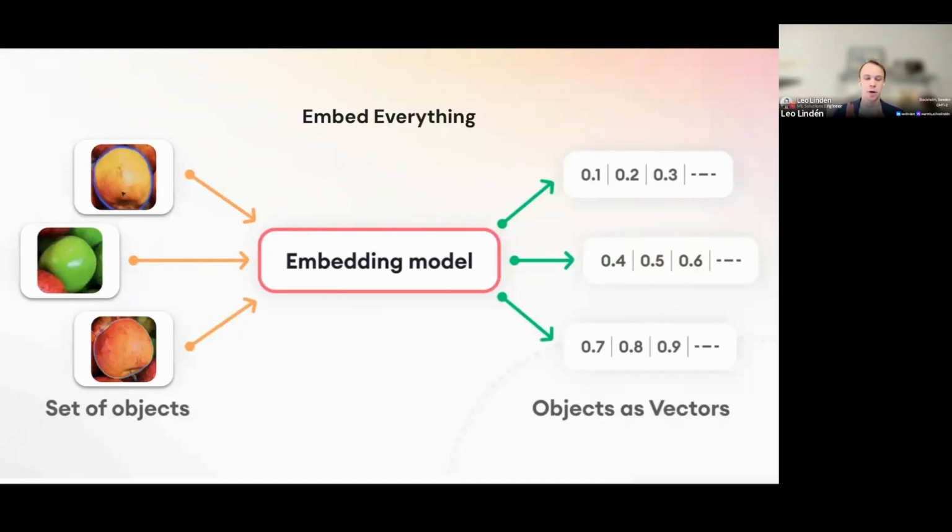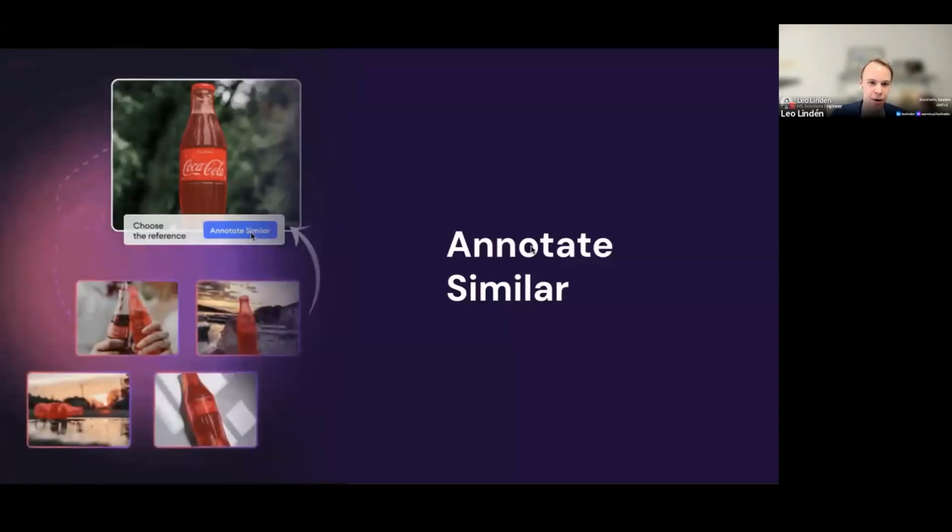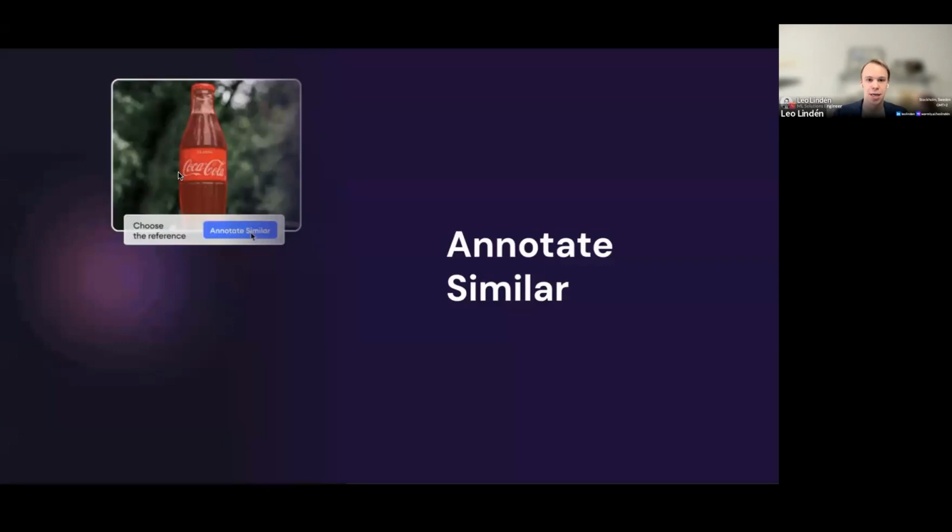So now we have something that we can go ahead and search. Ideally, if we now segment one item, we'll be able to search over our entire data set to find everything else that is similar to that and segment that as well, removing the need to move one by one through every image. Clicking over here is an example of what we call annotate similar, and the end goal here.